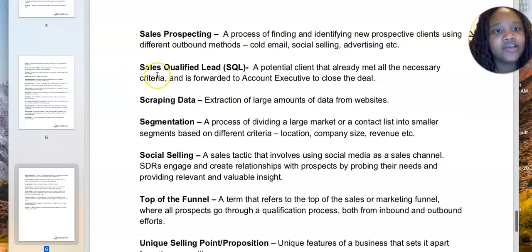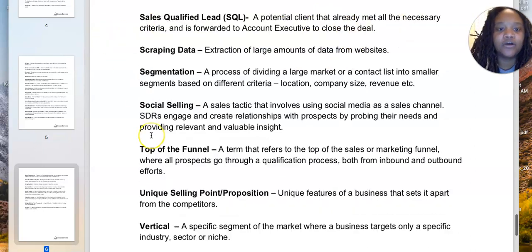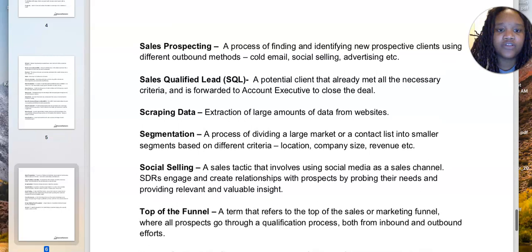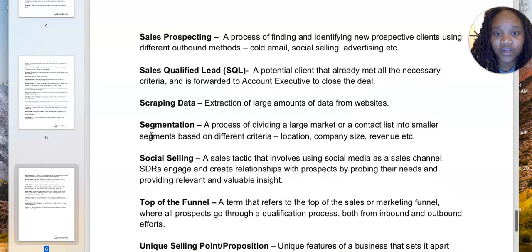Okay, so next we have sales prospecting, which is a process of finding and identifying new prospect clients using different outbound methods. So that's cold calling, social selling, and advertisement. So what you're going to notice, guys, about these terminologies, like I said, they're all connected.